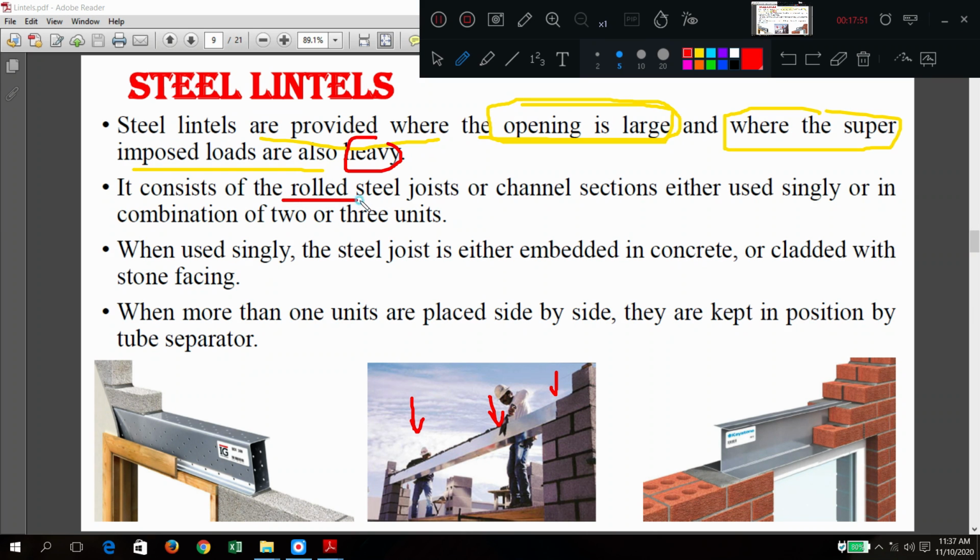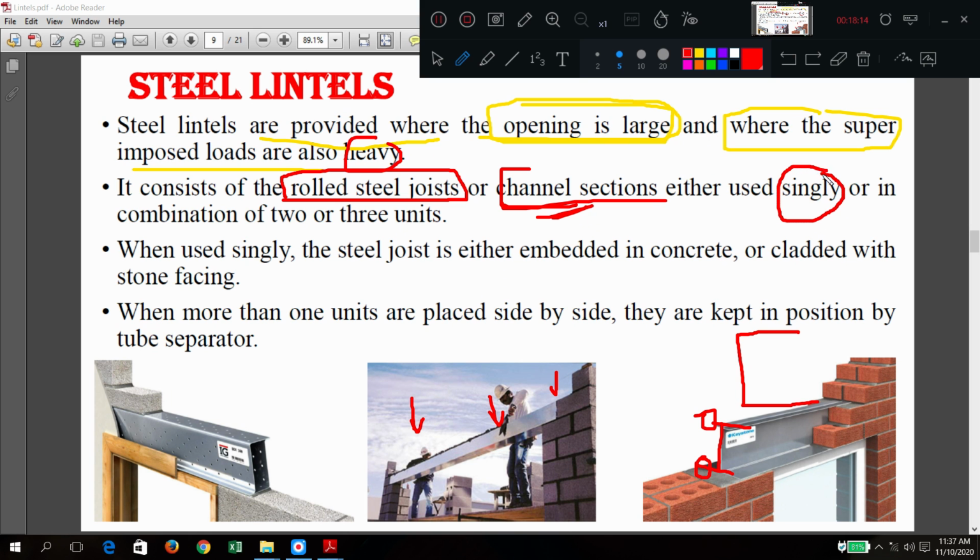It consists of RSJ, rolled steel joist, or channel section. Like this, if it is an I section, it appears like this. If this part is not there, obviously it appears like this, no? So this type of section is called as channel section. So what they are telling, it may be a single channel section or a combination of 2 to 3 units. Both ways it is possible, no?